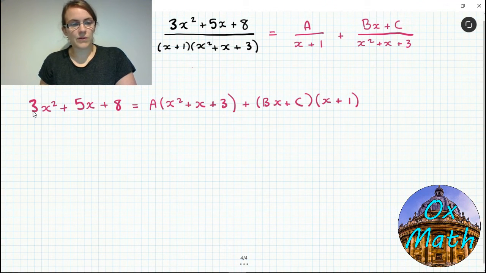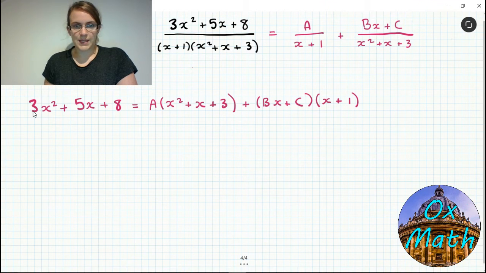So again, there are the two ways you can do this. Either pick some strategic values of x that eliminate each of a, b and c one at a time, or do it by evaluating the coefficients. I'll do this one the first way by picking strategic values of x, and then we'll look at another example where we evaluate coefficients afterwards.